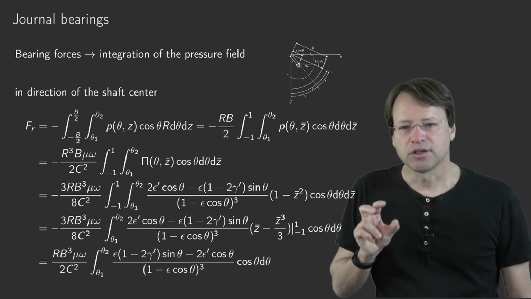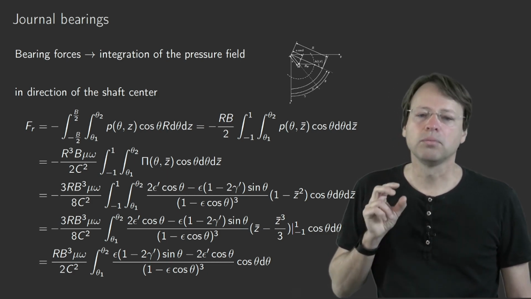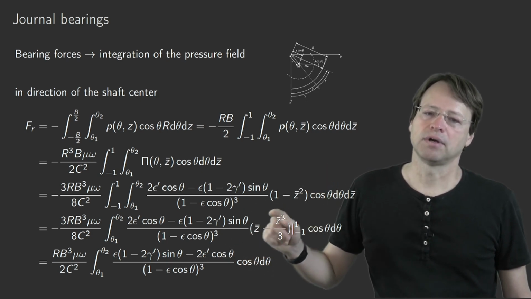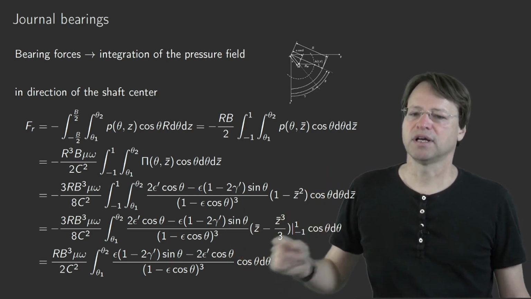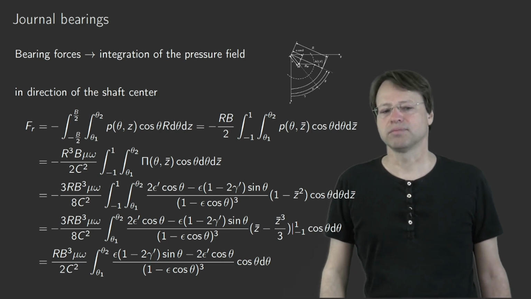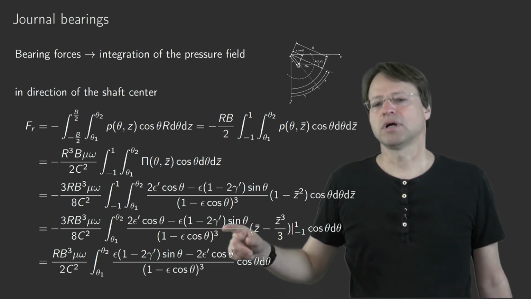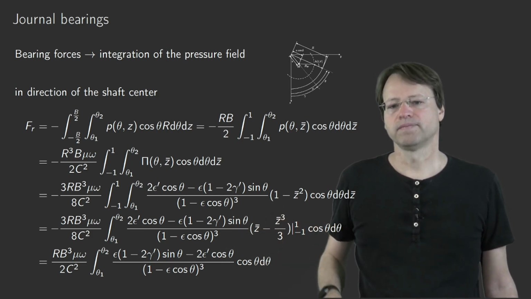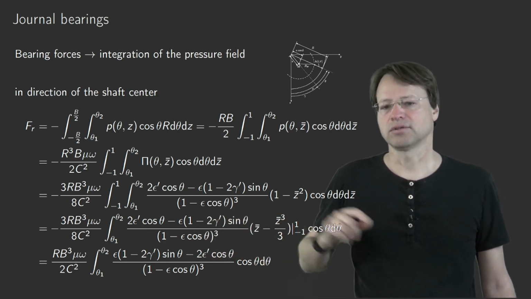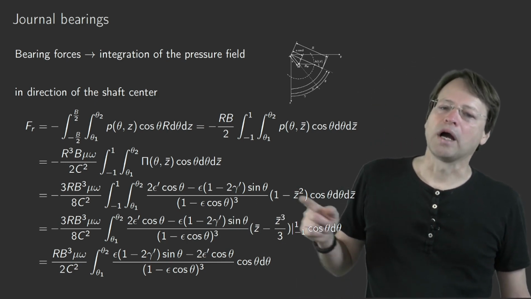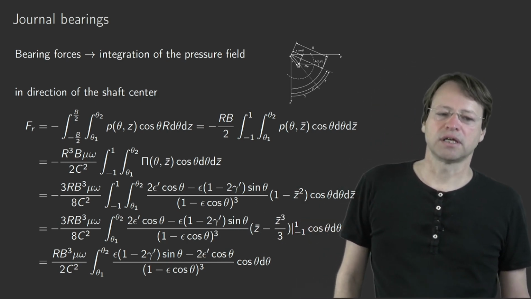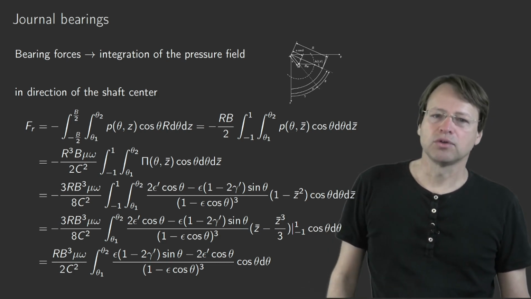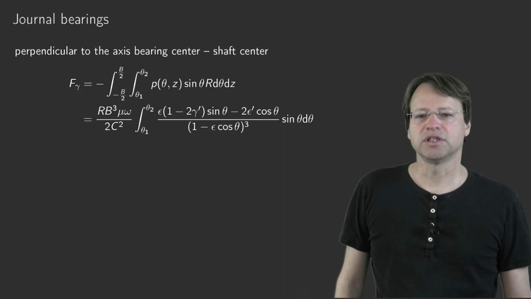So the integrals we have to solve all belong to the same family. We have a power of sine, a power of cosine that we multiply, and we divide by 1 minus epsilon cosine theta cubed. And that power is limited to either 2 and 0 or 0 and 2 for the power of sine and the power of cosine, or 1, 1, cosine theta, sine theta, the mixed term. Okay, let's have a look at this on the next slide in more detail.